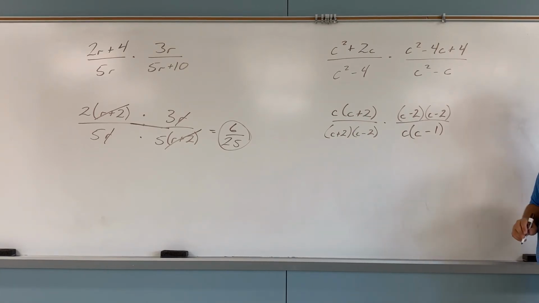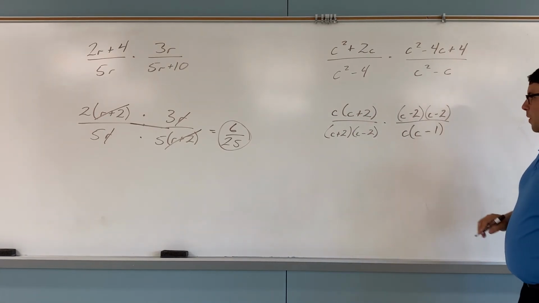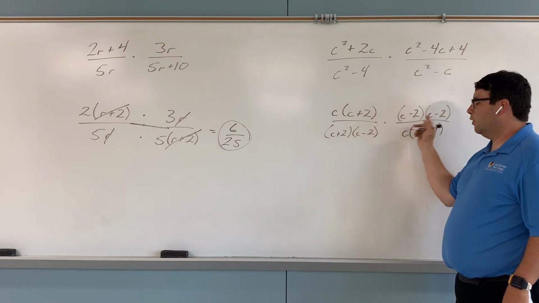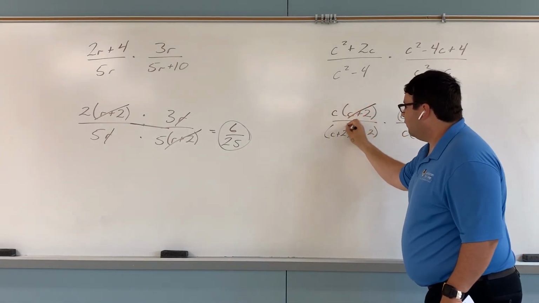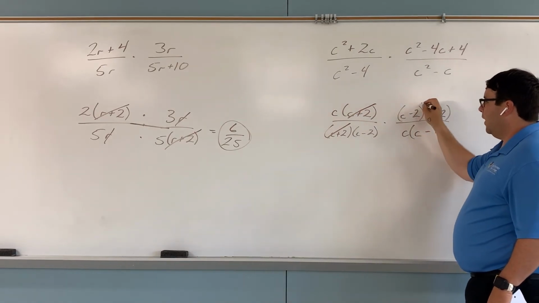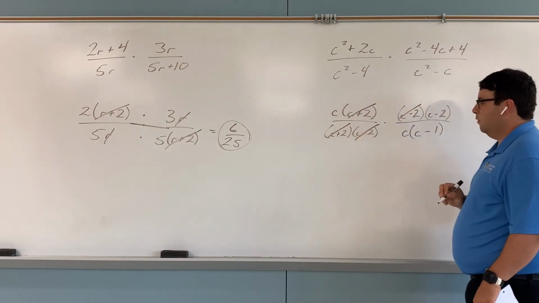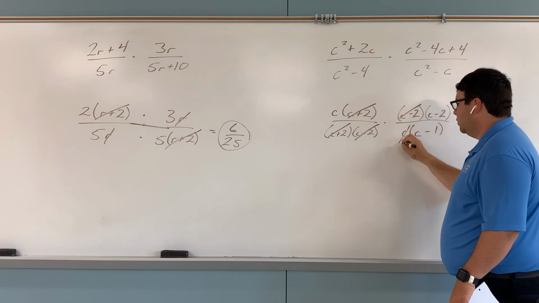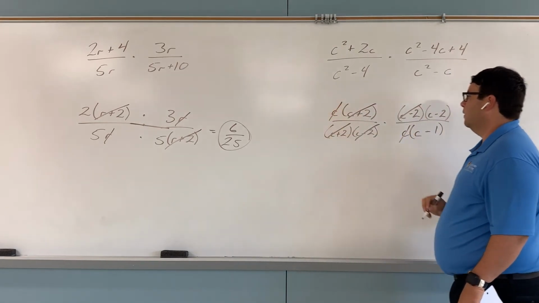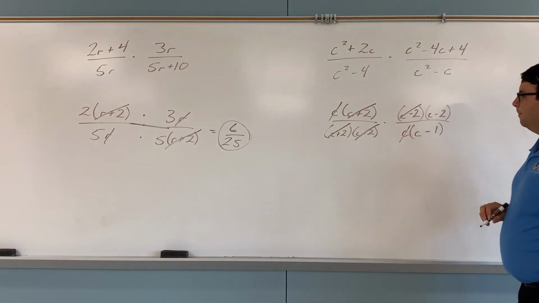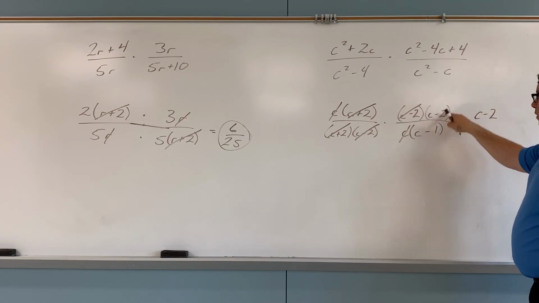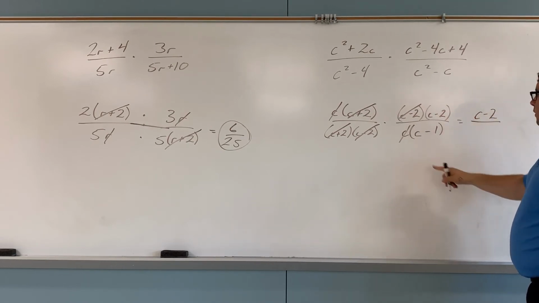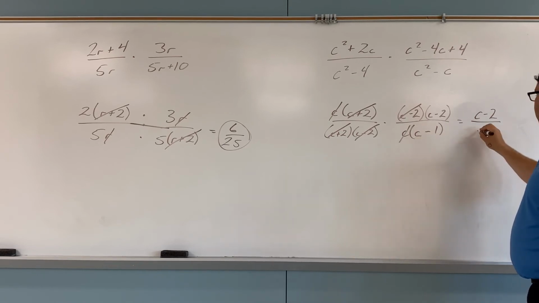Is there anything I can cancel? Remember, this is a product going across. So yeah, I can cancel that C plus 2. I can cancel C minus 2. I can cancel just the C. What am I left with? I'm left with C minus 2 from here over C minus 1.